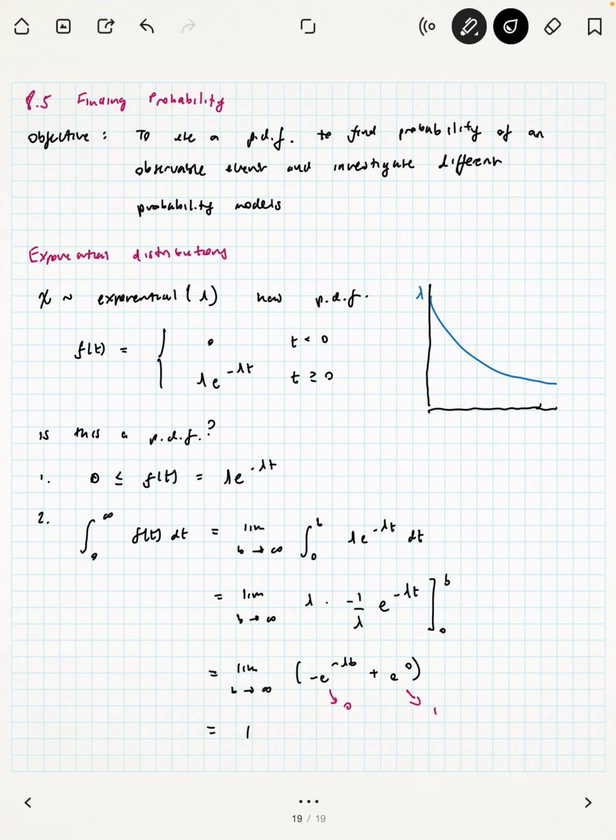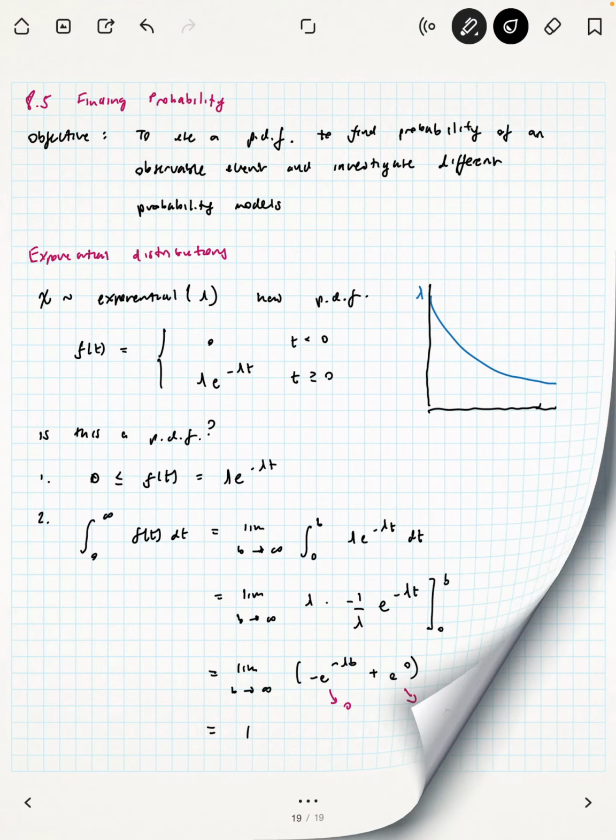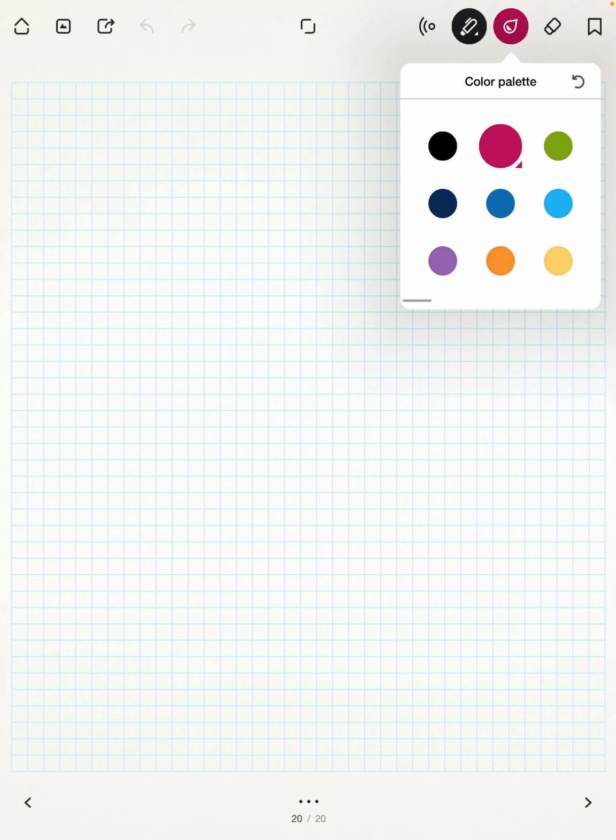Now we can use this to find probability. If this model has parameter lambda, then I'm going to claim that 1 over lambda is the mean.